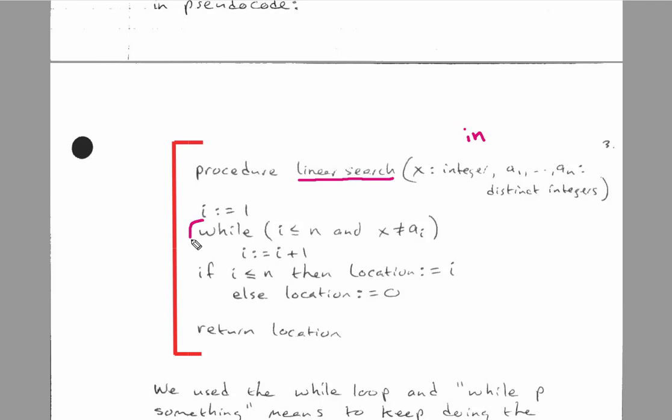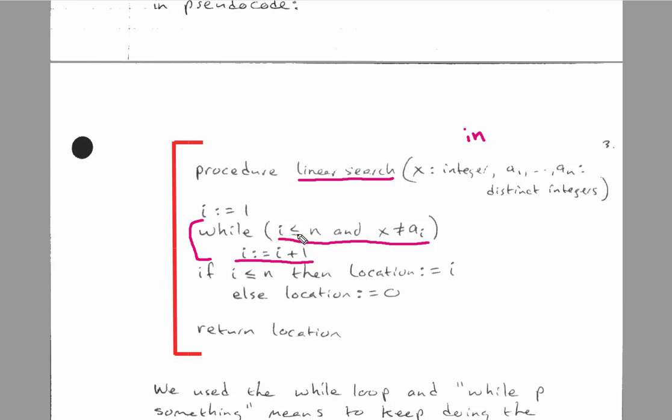We have a new type of loop here, a while loop. The idea of a while loop is there's a condition, and while this condition remains true, it keeps doing whatever is inside.